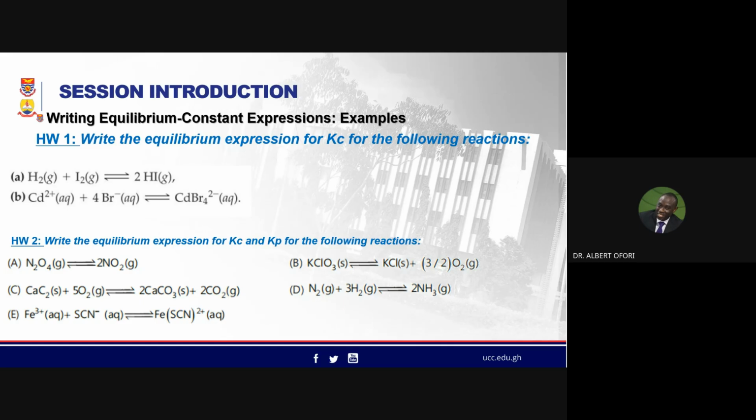So write it in terms of concentration. Let's try to write it in terms of both concentration and then pressure. How would it look like? Let's take only this one, just the dinitrogen tetraoxide to the nitrogen dioxide.